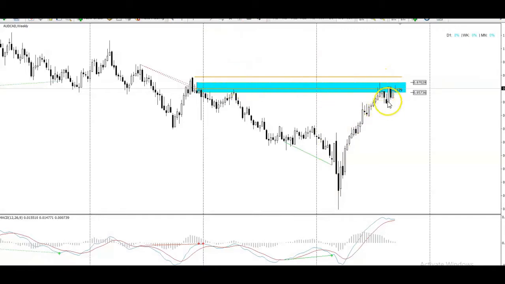What I mean by change of structure is you have this huge leg up, more or less all bullish candles, and then you've got this big move down here, then an initial rally back up, catching the liquidity here for more orders, another push back down, and the market is starting to slow down here in the weekly charts.